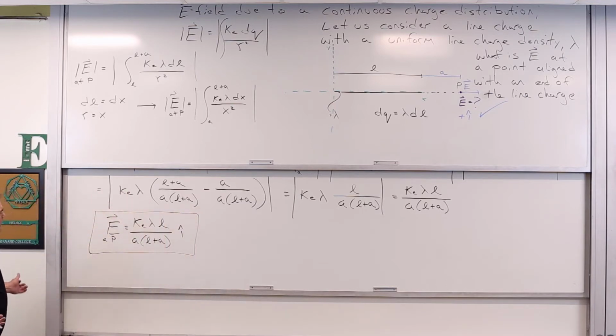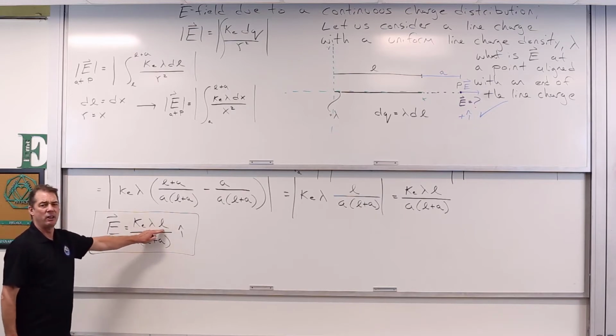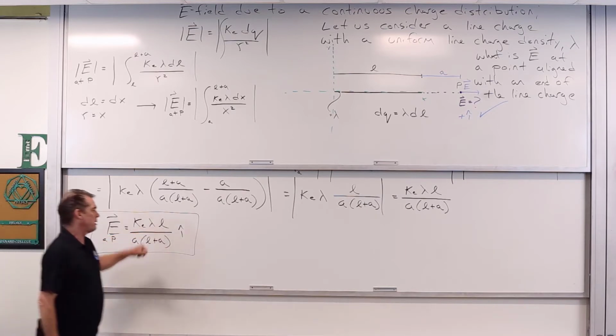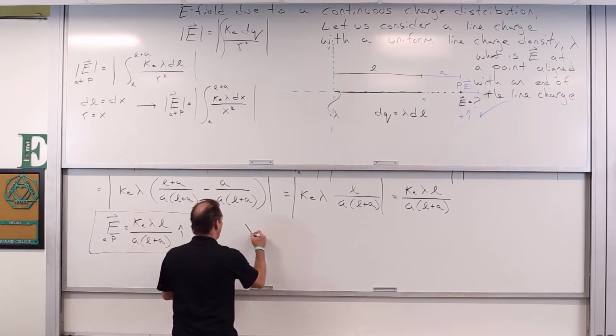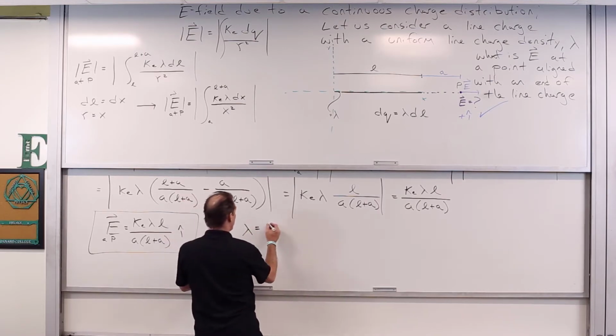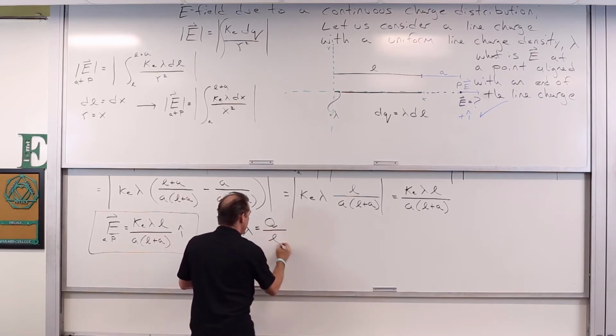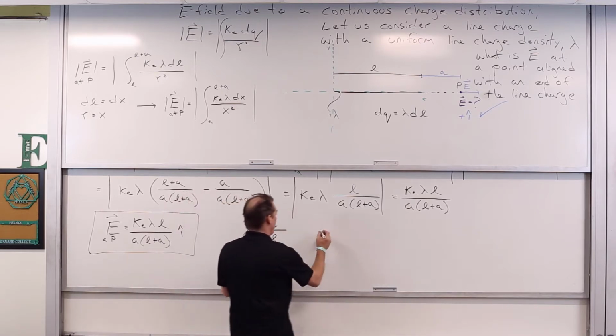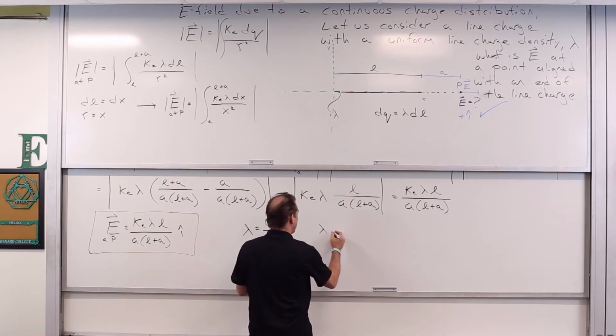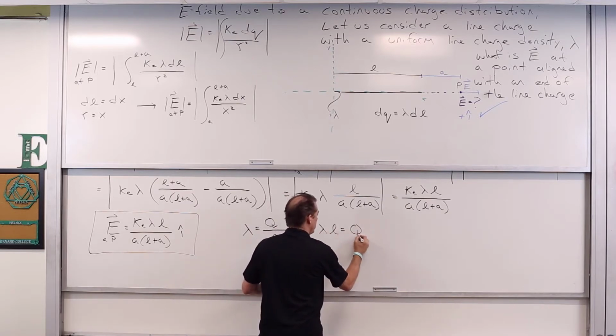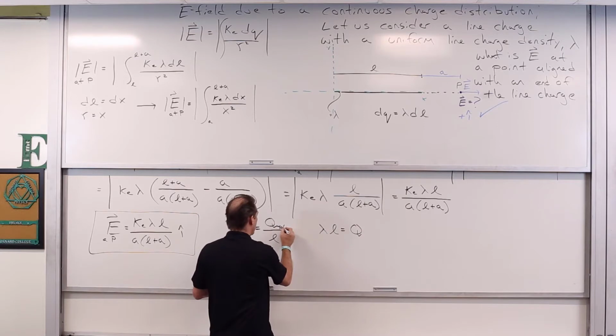There's one other way that we could write this, and you may see it from time to time, but what is lambda times L? Well, let's see. Lambda itself, because lambda is constant, is going to be equal to the total charge divided by the length. So we have that lambda times L is equal to Q. We could put Q total here.